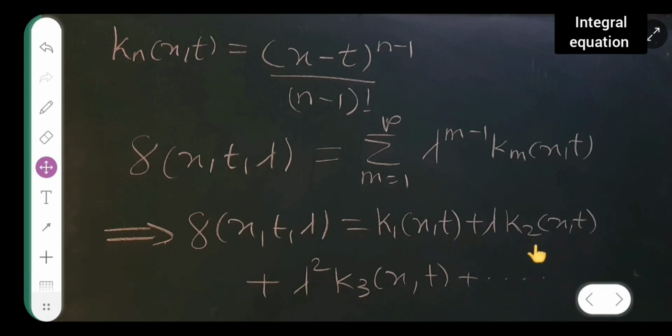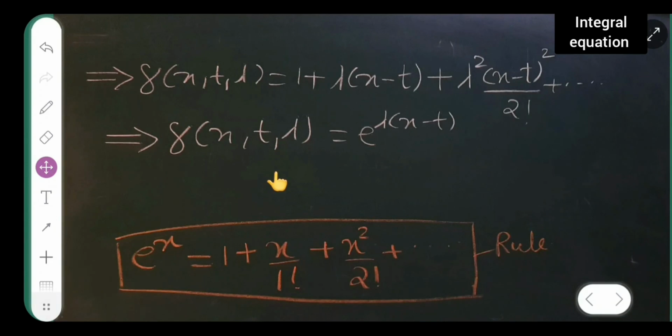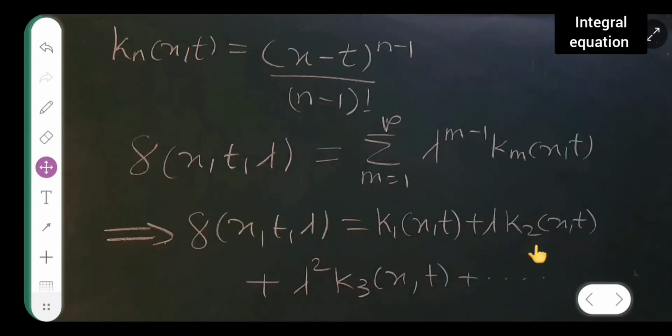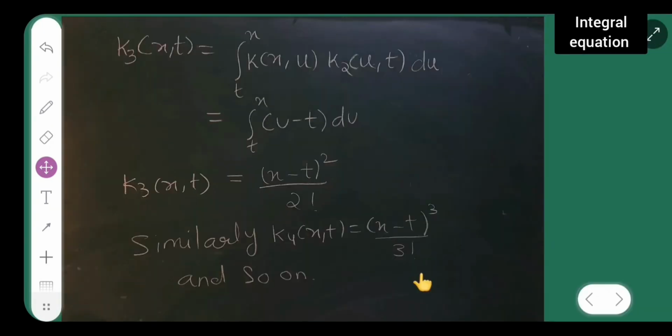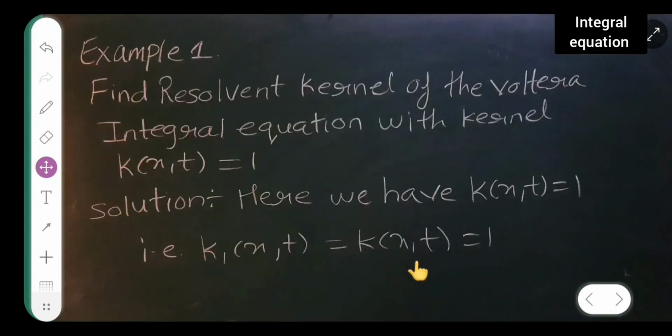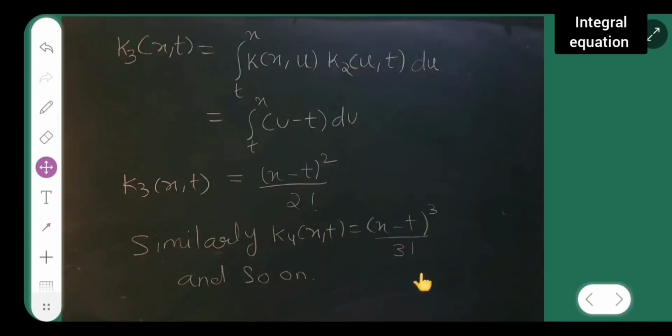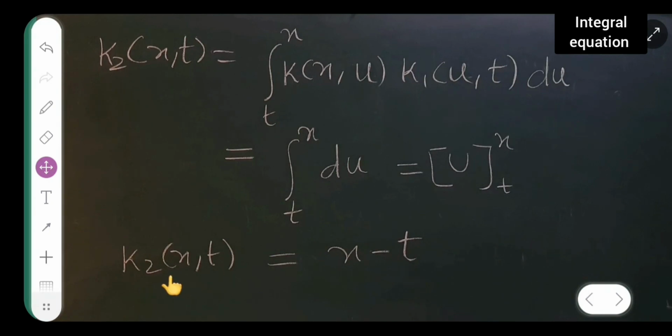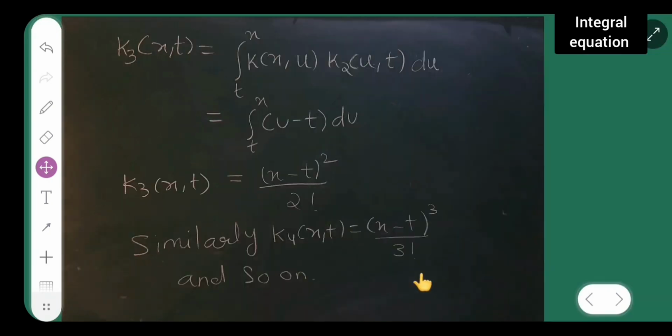Now this implies the resolvent kernel gamma of x comma t comma lambda is equal to, now what is my K1 of x comma t? K1 of x comma t is equal to 1, right? And what is my K2 of x comma t? x minus t, right?